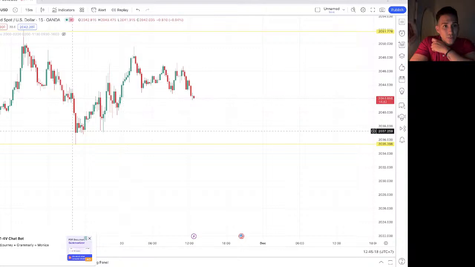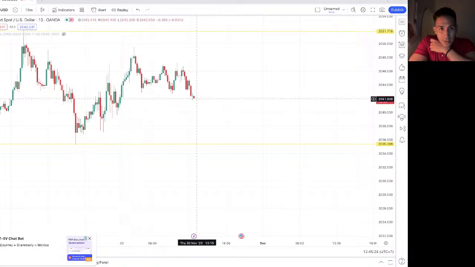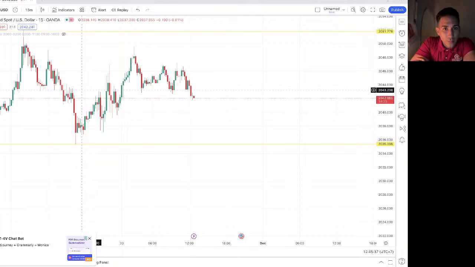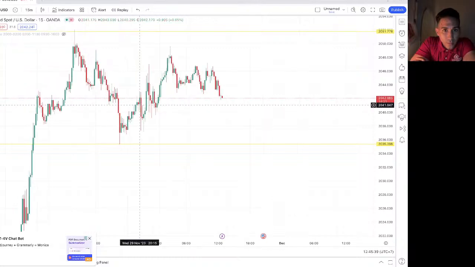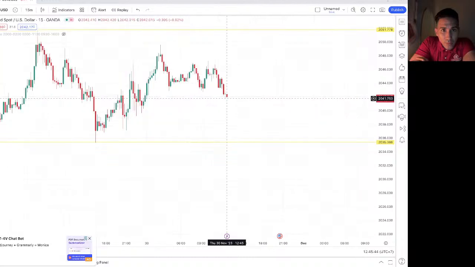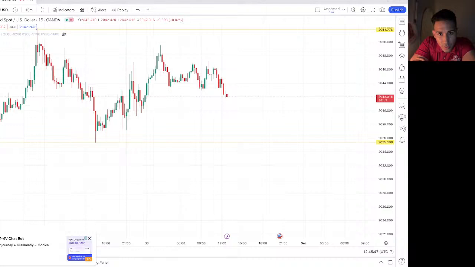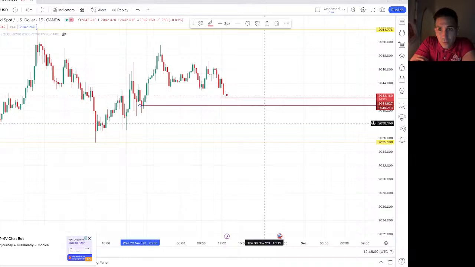So what I would expect is, after passing this support, now I think this is an opportunity here actually, because this passage we have this candle, the support to be filled.